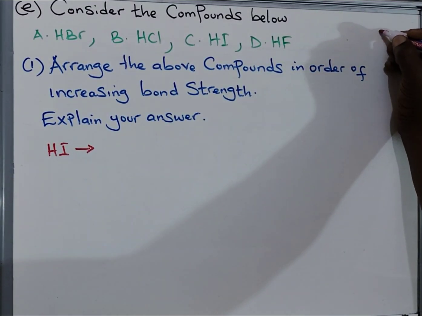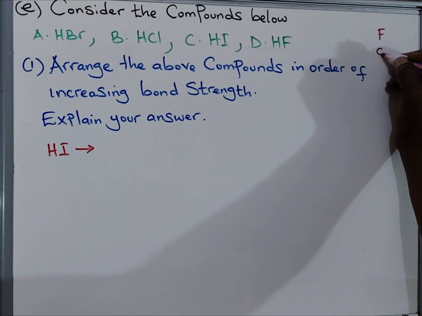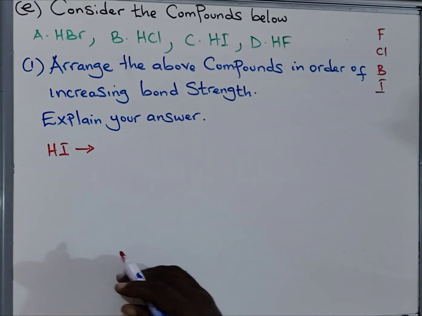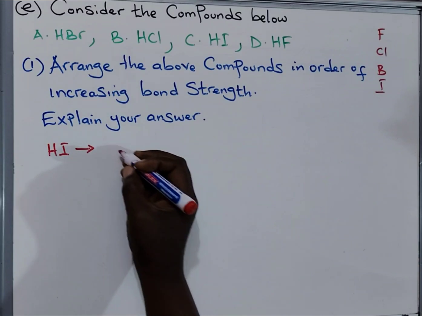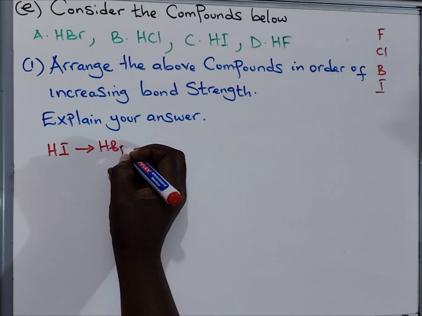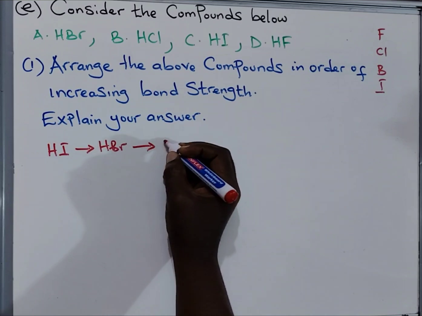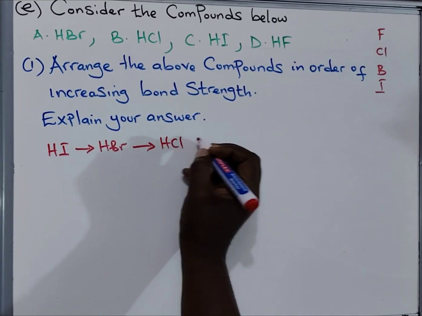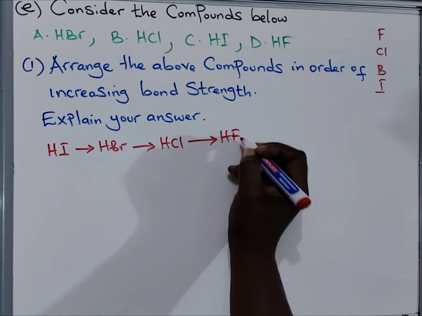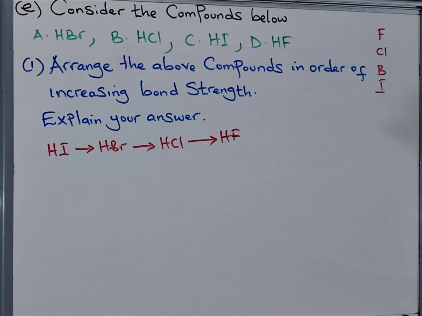So in other words, it's hydrogen iodide, followed by hydrogen bromide, followed by hydrogen chloride. Then the strongest is hydrogen fluoride. Okay. What is the explanation or the reason?